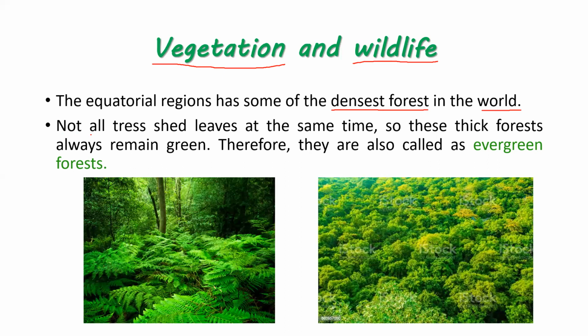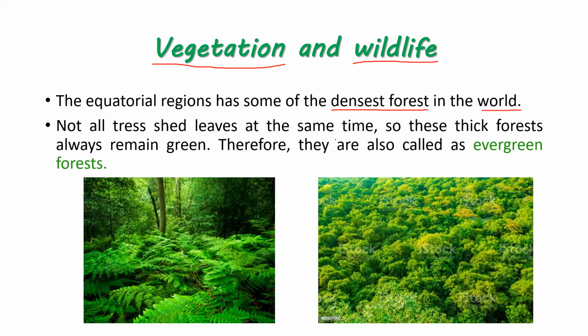Now, not all trees shed leaves at the same time. That is, during autumn, not all the leaves go dry, isn't it? You will find that during autumn, some of the trees go dry and shed their leaves. But you will also find that some trees remain green throughout the year.